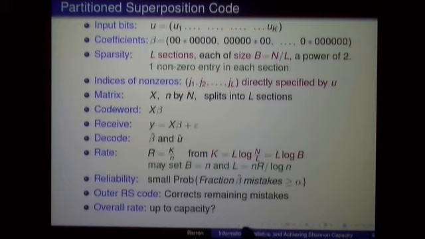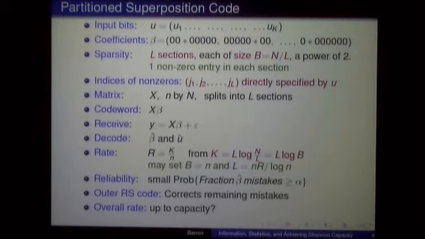So you just read off from that little segment of the input bit stream which of the columns is going to get a non-zero value. So there's one non-zero in each section, and then we let J1 through JL be the indices of them, and that corresponds to U, and that tells you which are the non-zero coefficients.